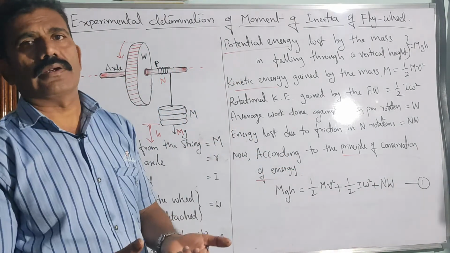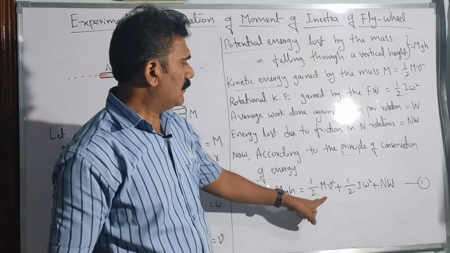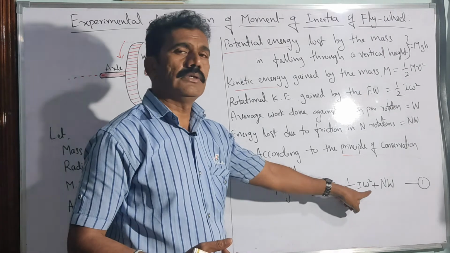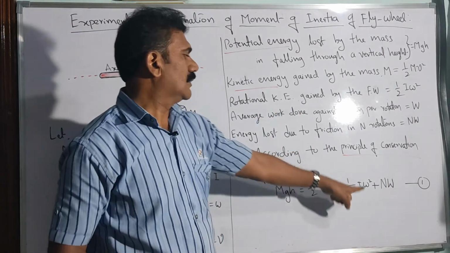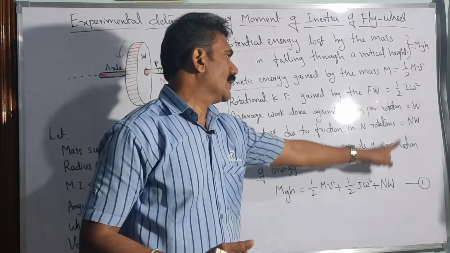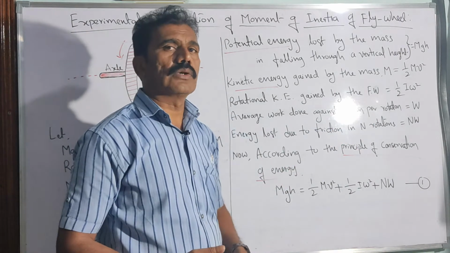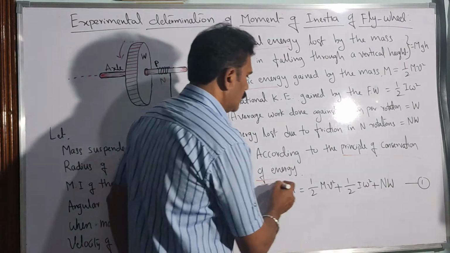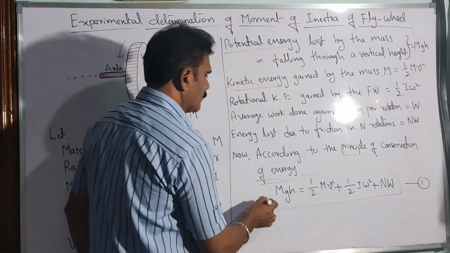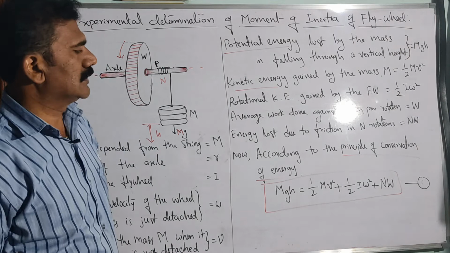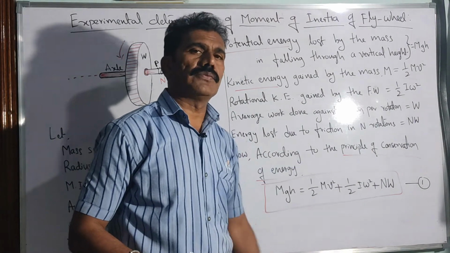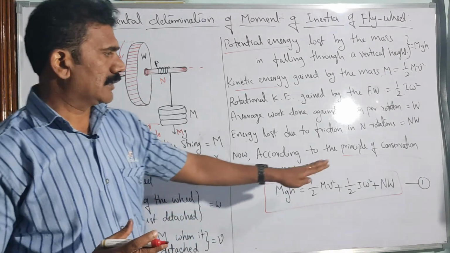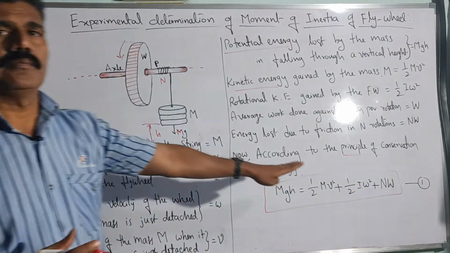It may be heat etc. So half mv square is the kinetic energy, plus half I omega square is the angular rotational kinetic energy, plus nW, that is the total work done against the friction. So note down this basic equation of conversion of potential energy into different forms of energies when the wheel starts rotating. Let it be equation 1, and then I will proceed.